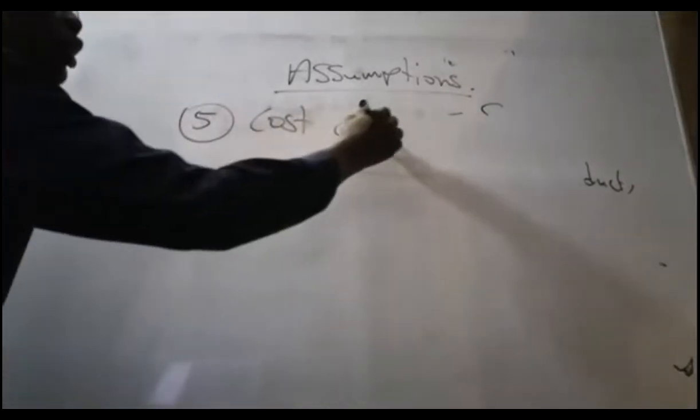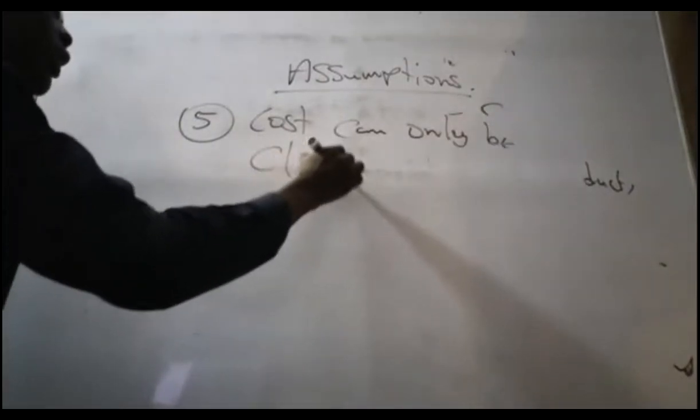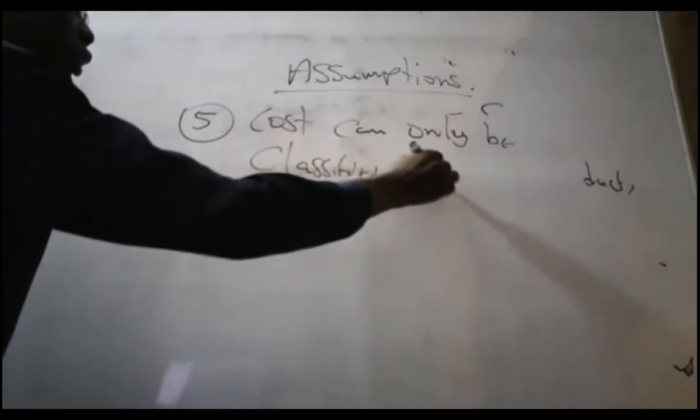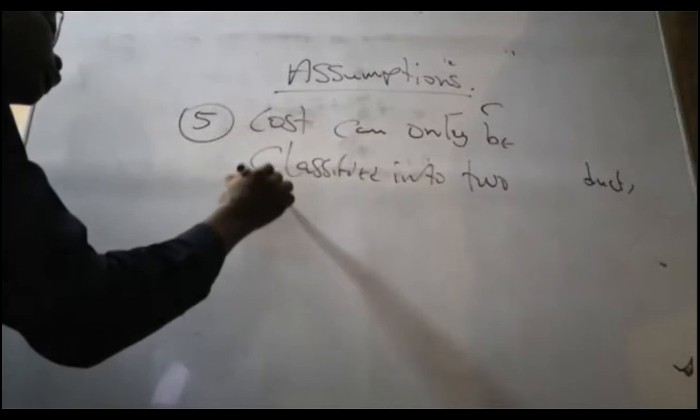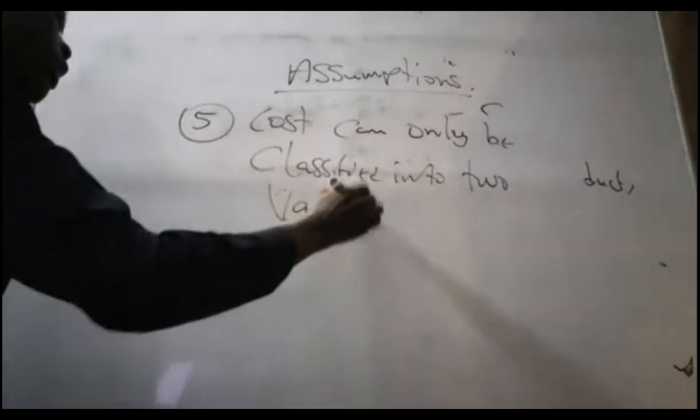We have like 6 or 7 to quickly move on with the summary. Assumption 5 assumes that cost can only be classified into 2: variable and fixed.